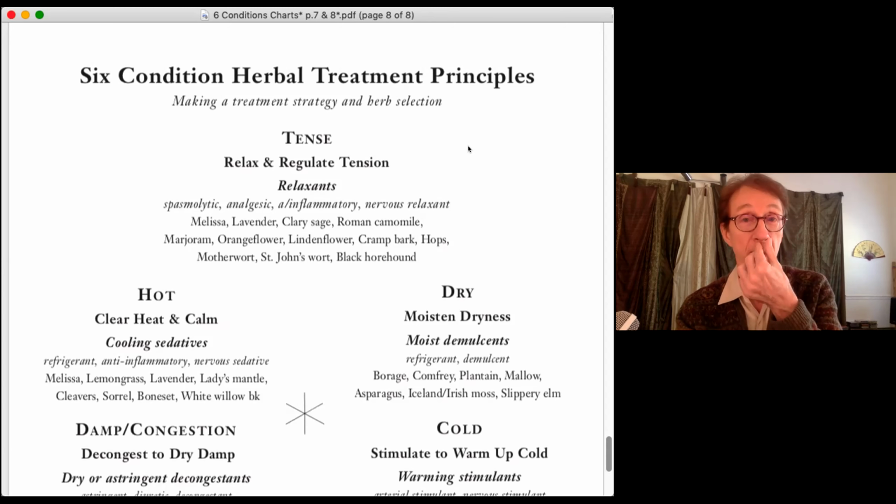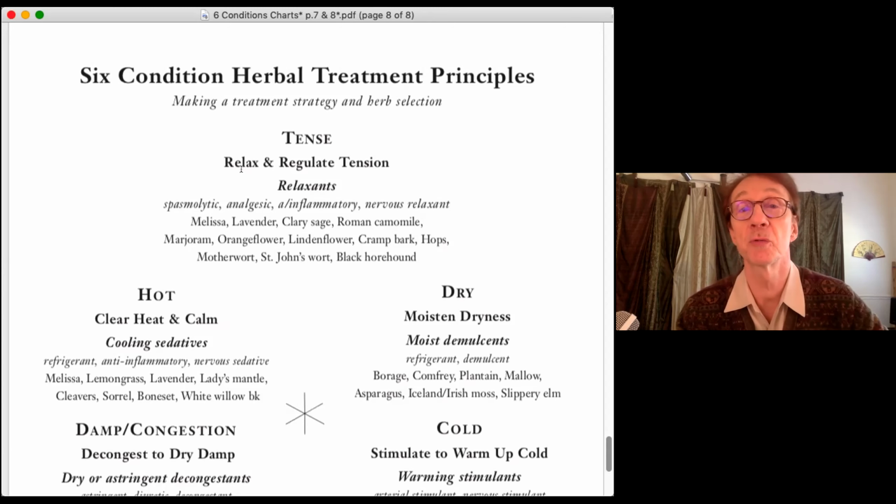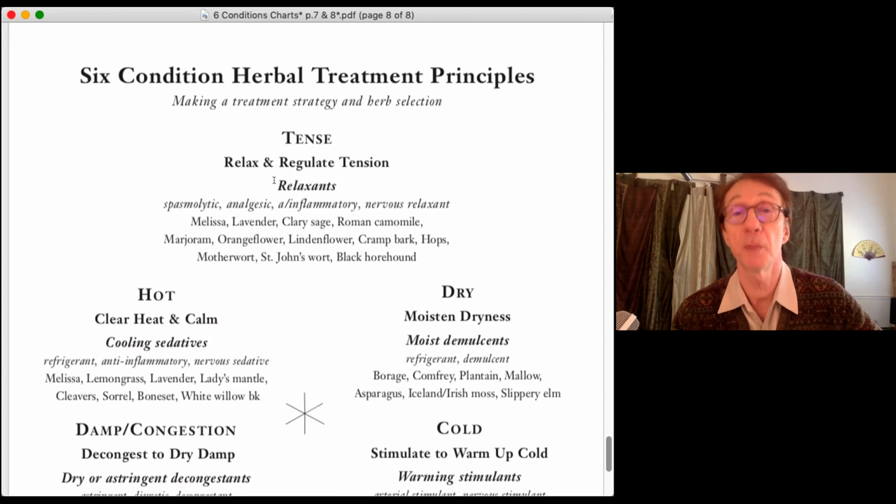So the treatment in a tense condition is to relax and regulate tension. The classic vitalistic terminology for the herbs is relaxants, right? This is an umbrella concept that can include specific herb actions like spasmolytic, also known as antispasmodic, analgesic.